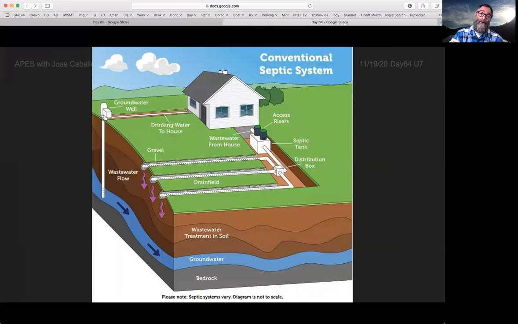And that water is intentionally targeted to what's called a leach field or a drain field, which puts that nutrient-rich water into the ground, presumably where plants are growing.